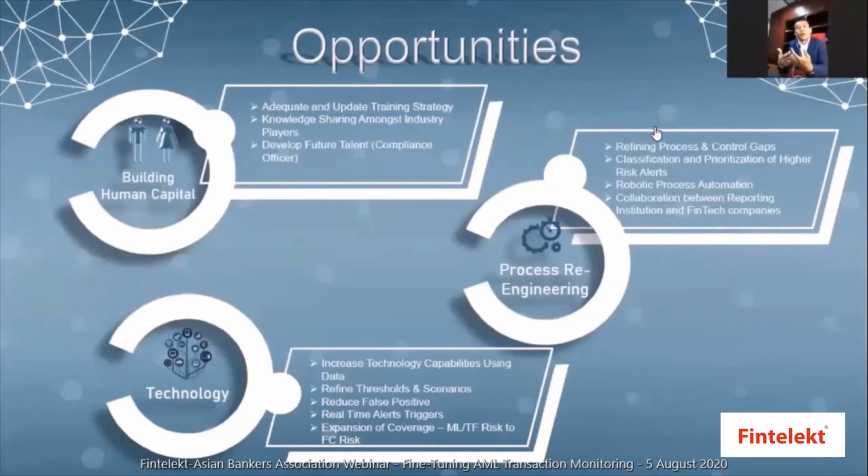We should be able to understand what kind of training we give to our people, understanding the threats that are happening. What are the latest typologies that we are seeing across the board? This is information that is required to allow the analysts, when they are looking into transaction monitoring, to address the risk pattern. Number two, in building human capital, would be knowledge sharing among industries.